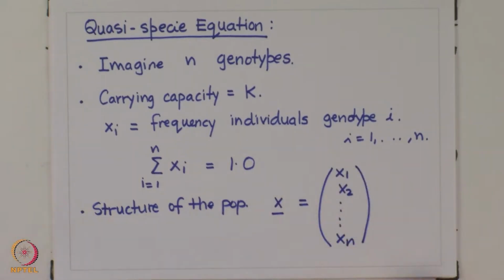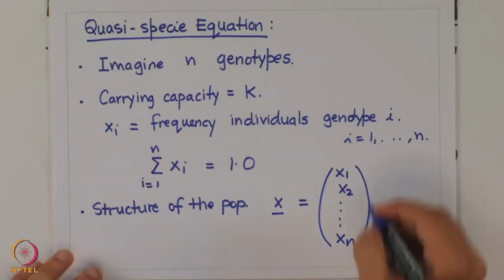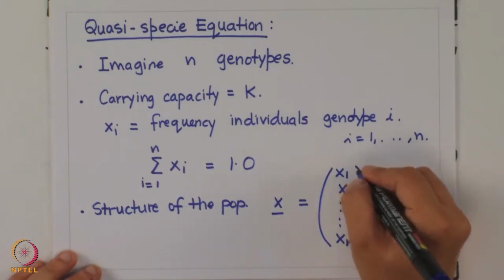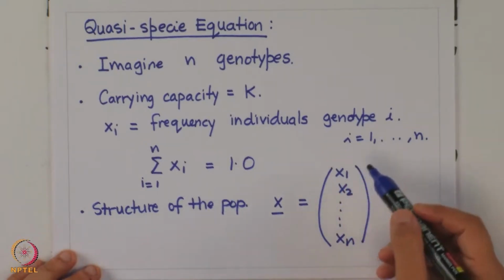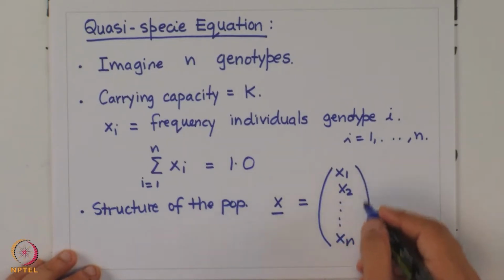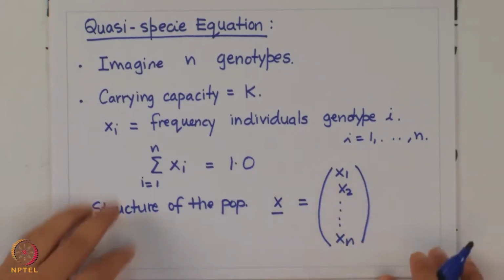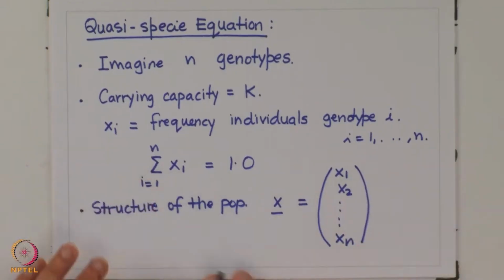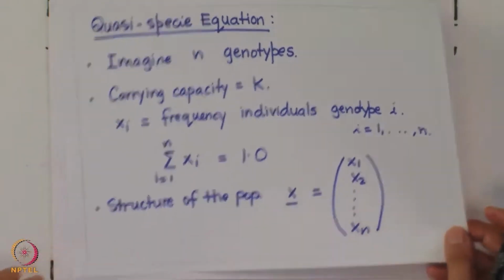So, this is a vector which gives me the makeup of the population at any given point in time t. x1 again corresponds to the fraction of individuals which belong to genotype 1, and so on and so forth, and the sum of elements of this vector of course has to be equal to 1. So, the structure of the population is going to be defined by this vector x.